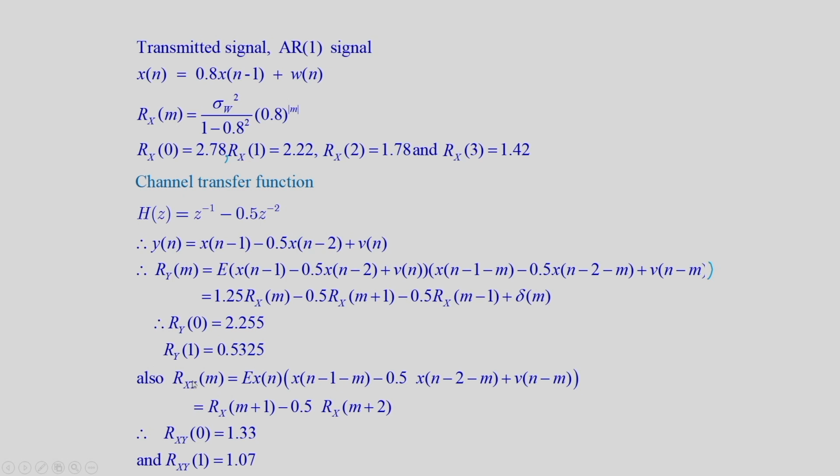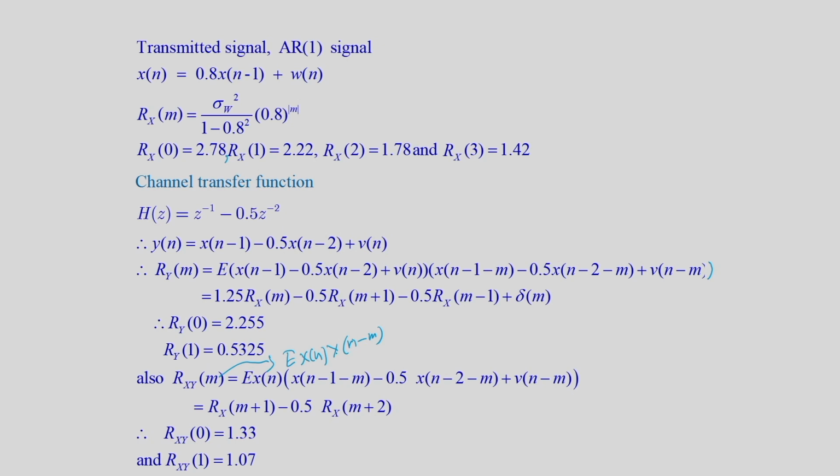Similarly, we can find out the Rxy of m, that is equal to E of x of n into x of n minus 1 minus m minus 0.5 x of n minus 2 minus m plus v of n minus m. This is the y of n minus m, this is x of n. So that way Rxy of m we write as E of x of n into y of n minus m.